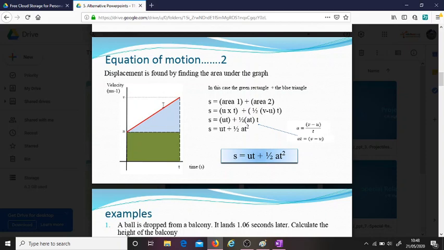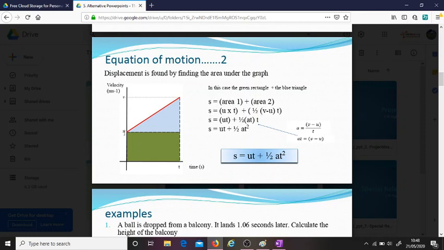So in terms of working out the area under the graph, we would need to do the area of the triangle plus the area of a rectangle. When you do it like this, we make S, which is displacement. S is the symbol for displacement. That's a new one on you. It can get confusing because previously we used s for speed, but this is the letter that we use for displacement. So to work out the displacement of this graph, we do area 1 plus area 2.